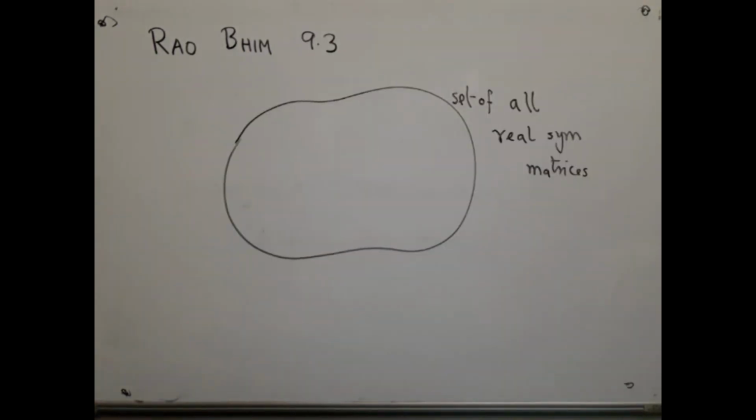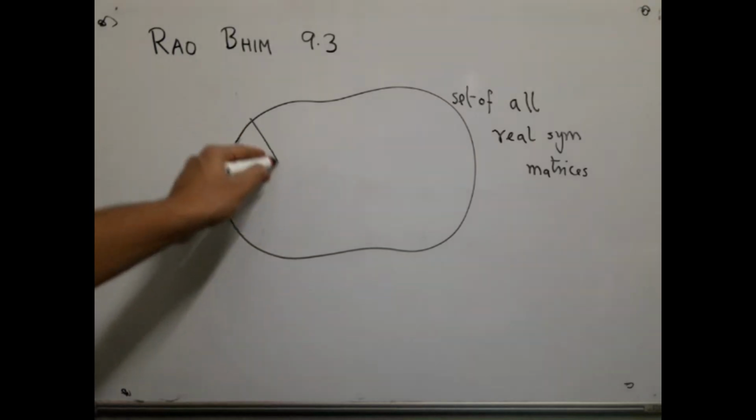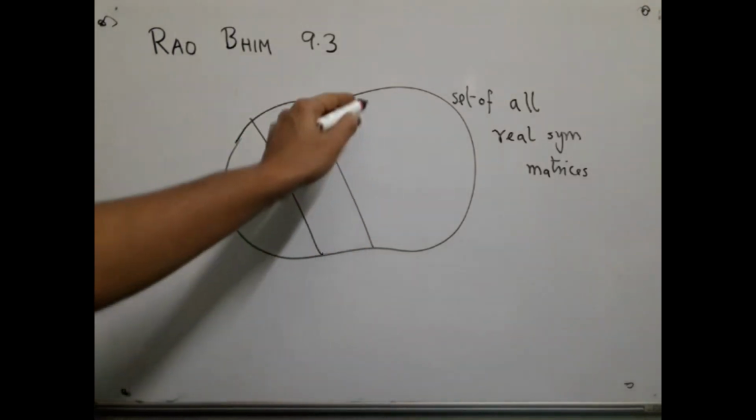Thus, suppose that this is the set of all real symmetric matrices, then the congruence relation, which is an equivalence relation, will partition these into a number of blocks.